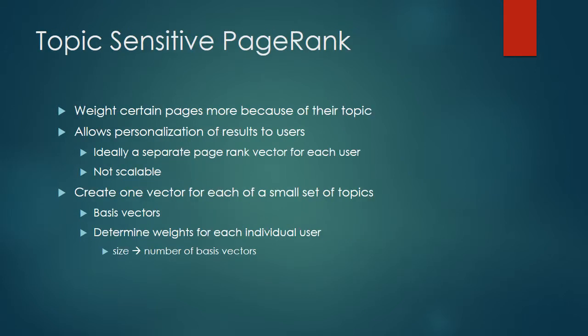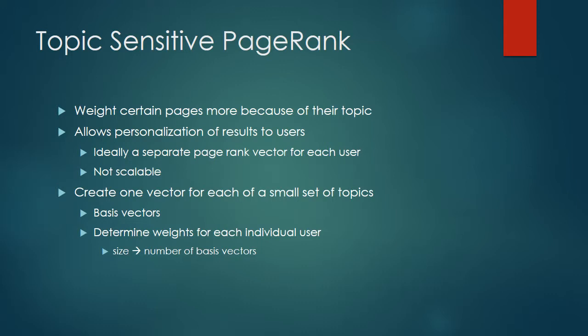I briefly mentioned this in the beginning of topic-sensitive page rank, which is that maybe you're searching for cars and you want page rank to reflect that. More generally, all of us have different tastes. So maybe I'm 25% interested in sports, 50% interested in politics, and another 25% interested in cars.